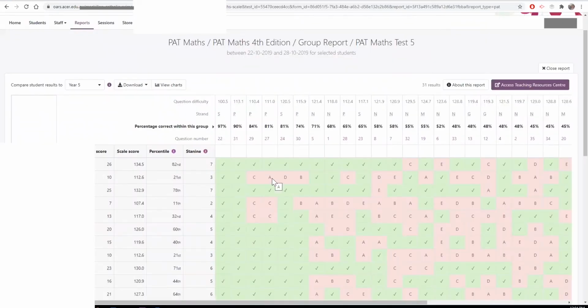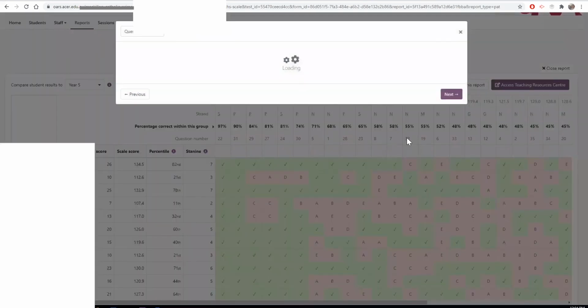So personally, I think the relationship between this percentage correct within the group and the question difficulty is actually really important. So if I go, let's have a look at this one, 129.5. That's a reasonably difficult question. Over half of the students got it right. So that must be something that I'm doing well.